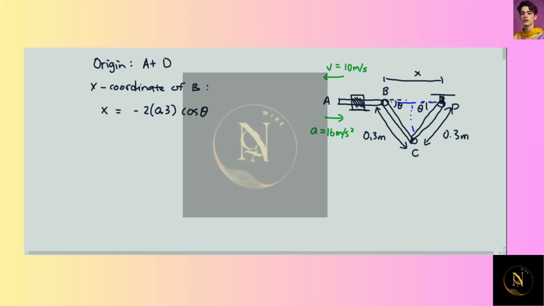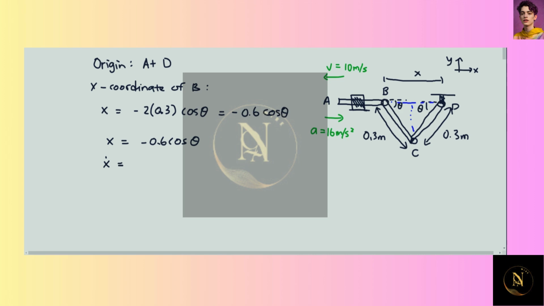I'm using this coordinate system whereby going to the right is positive. Since B is to the left of D, you have a negative sign in front. Now we have the position coordinate equation, and we are going to do two time derivatives.